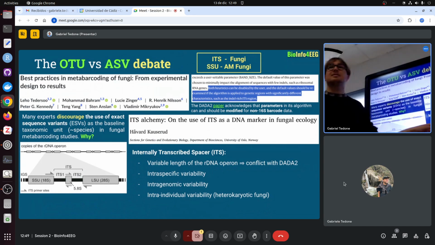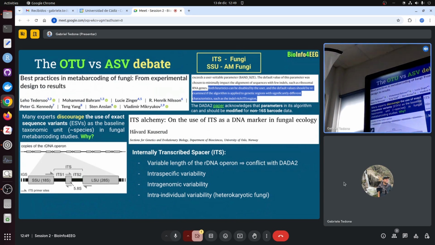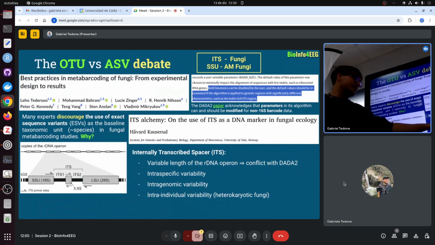Intraspecific variability means we have this construct of, okay, this one mushroom is a species, but then when we sequence it, we see there are variations within the same species. This would be intraspecific variability.